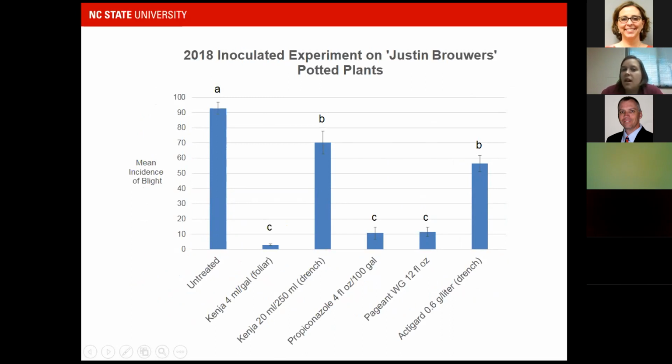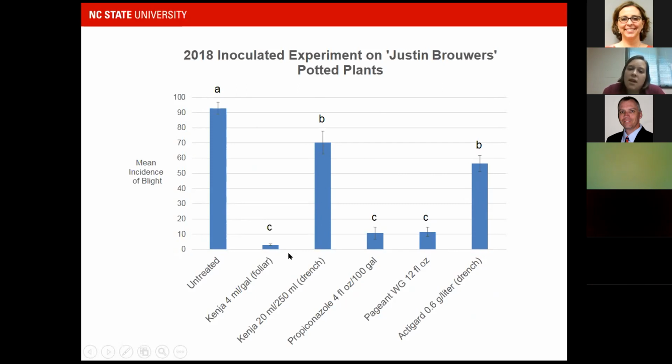We take a stem, we count how many leaves out of so many have blight, and we take multiple counts per plant to see the disease level. So here on our untreated control, we had almost 90% incidence, and then you can see that Kenja at a drench and then Actigard at a drench had less disease than the untreated control, but still had quite a bit.